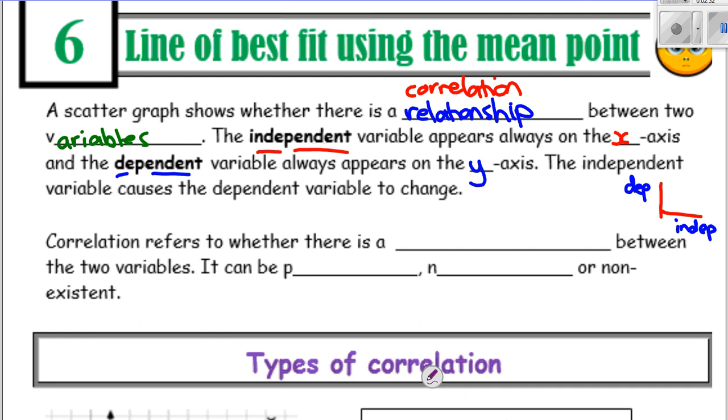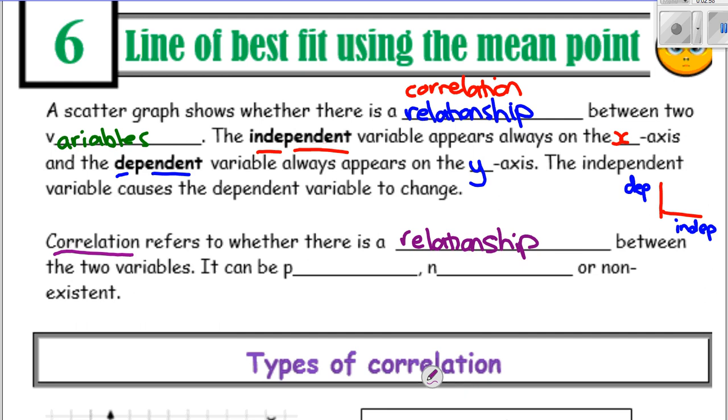More specifically, a nice word with regards to the relationship between two variables is correlation. You might have heard about correlation in some earlier years, like Year 7 statistics. Correlation refers to whether or not there is a relationship between the two variables.